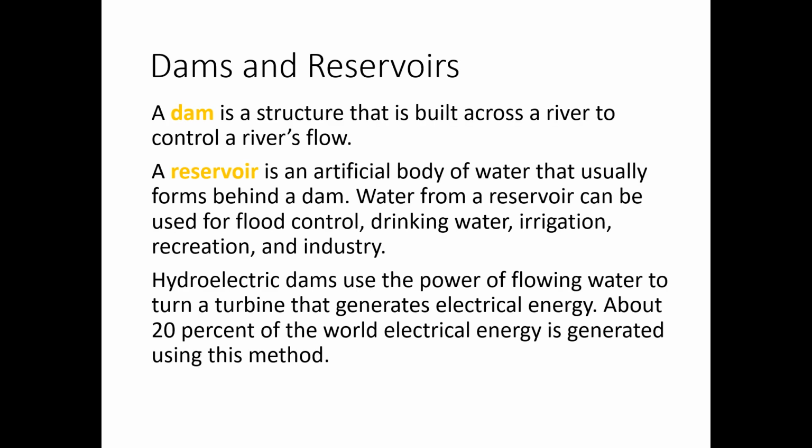So the formal definition of a dam is a structure that is built across a river in order to control a river's flow. And then a reservoir refers to the area directly behind the dam, which essentially forms from the excess water that you use for flood control.